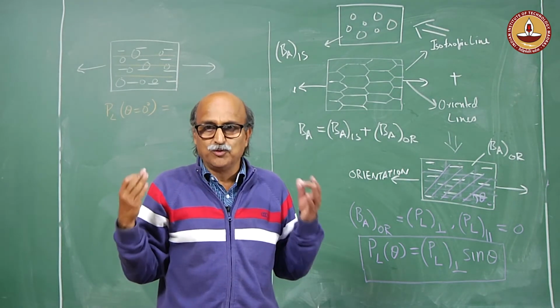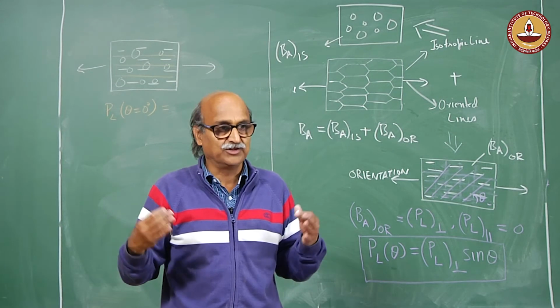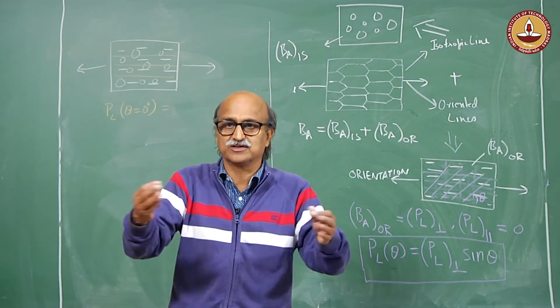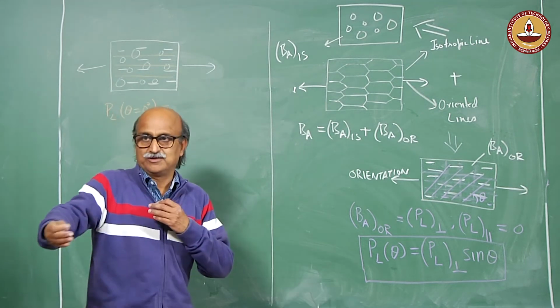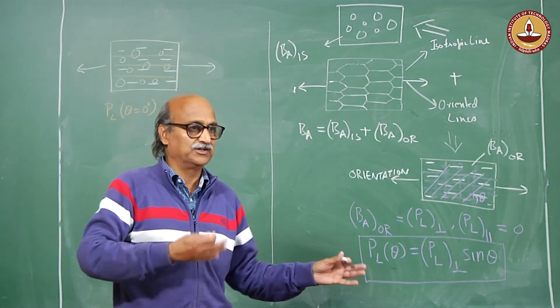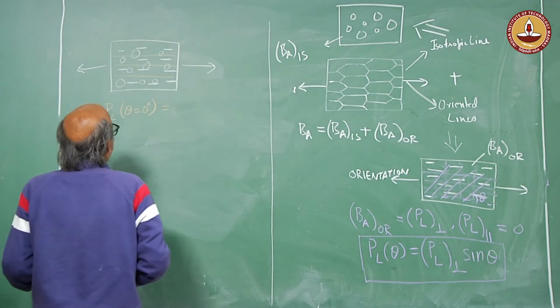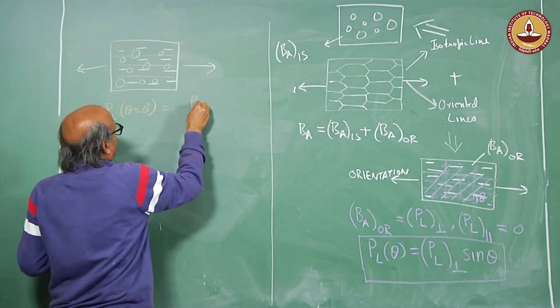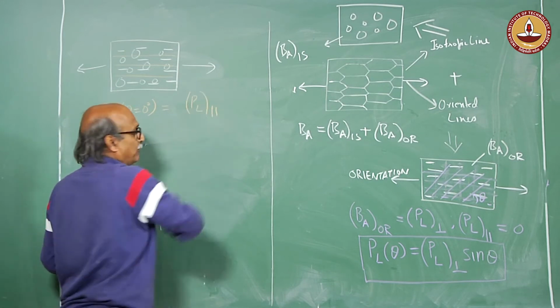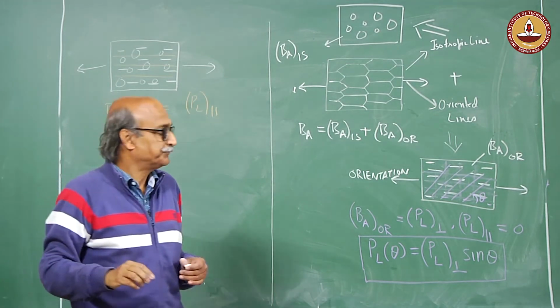It is only going to intersect with the isotropic lines. It will not intersect with the oriented lines, so this is the way of isolation of the oriented component and the isotropic component. So, let me call this PL parallel.